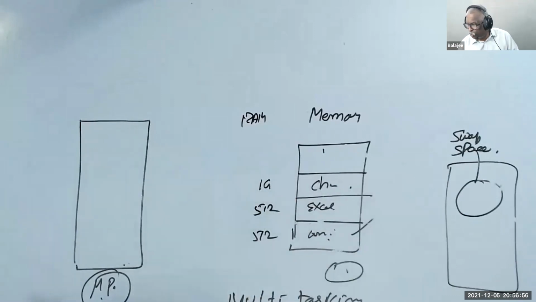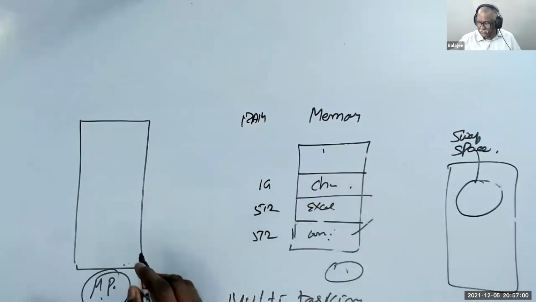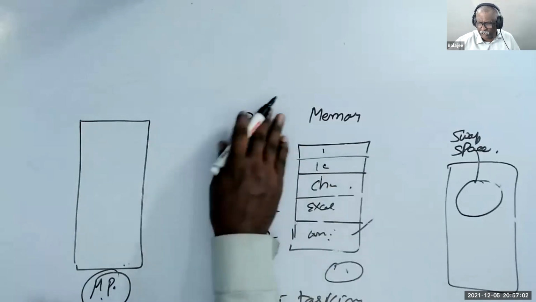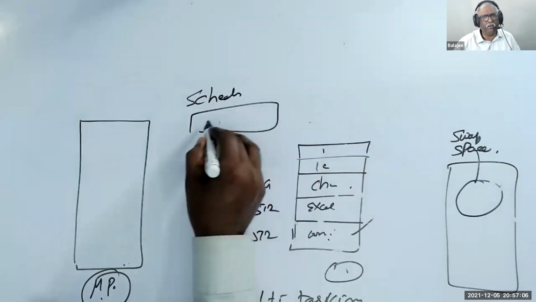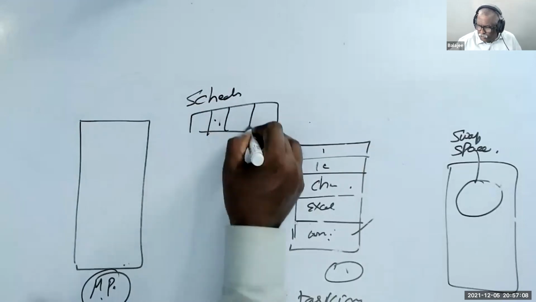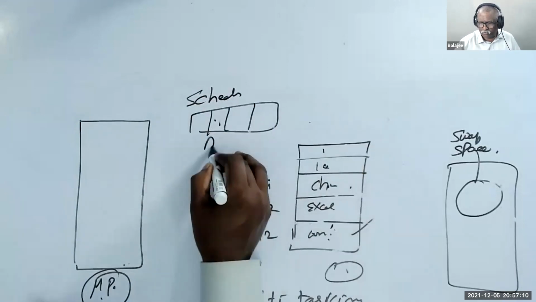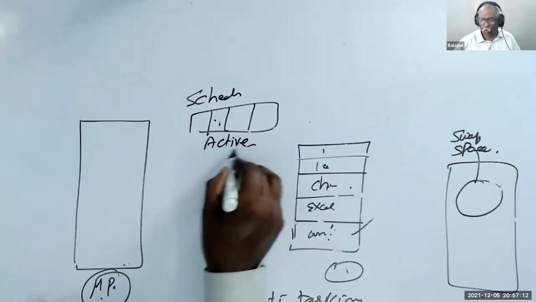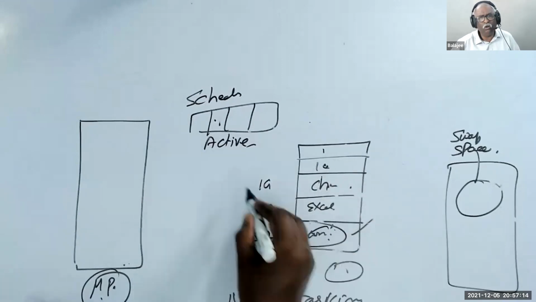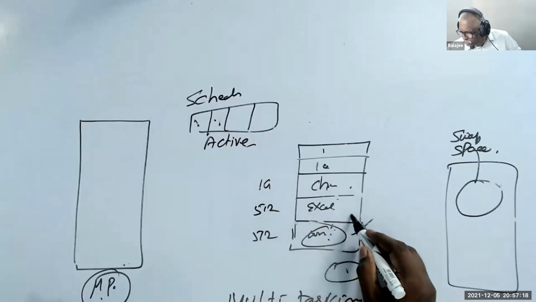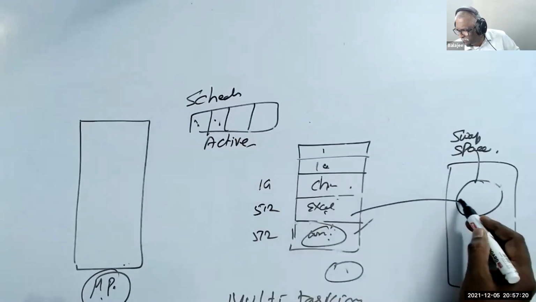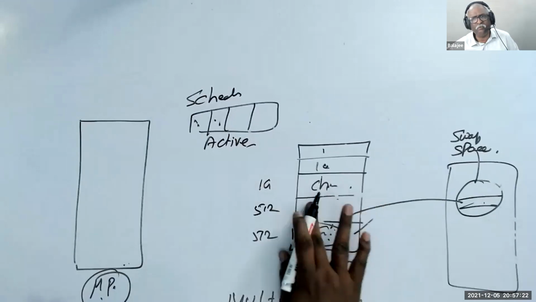Now, when I'm trying to load one more piece of software, the kernel has a scheduler. The scheduler knows which one is active. Oh, this one is active, Word. So it will swap Excel out of the RAM and free the space.